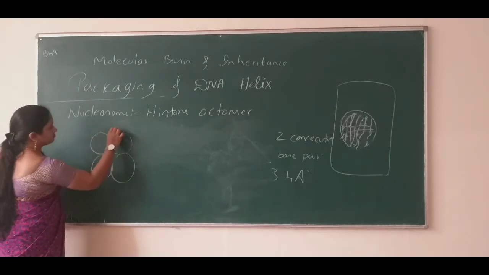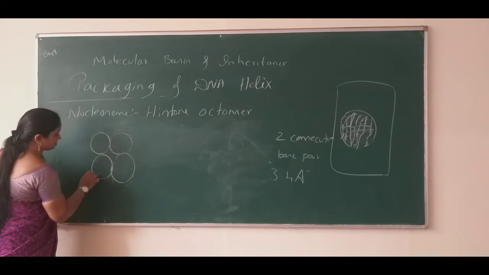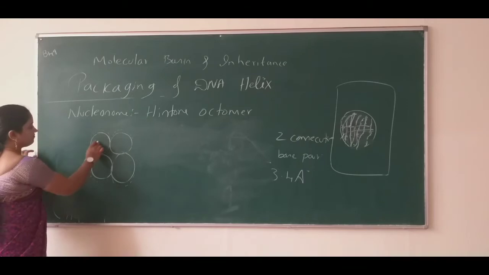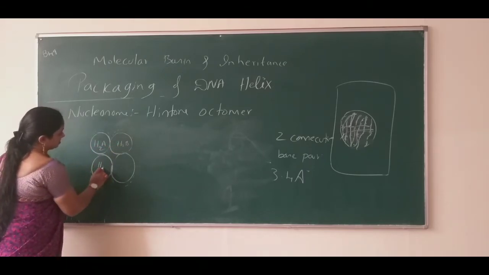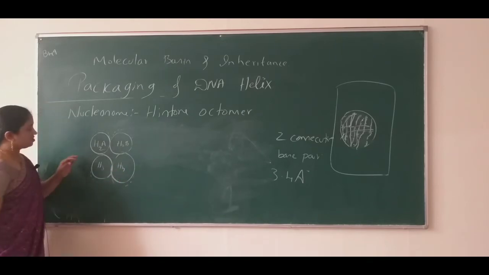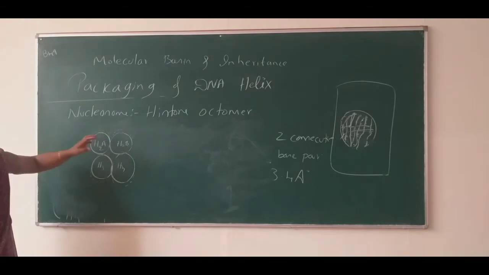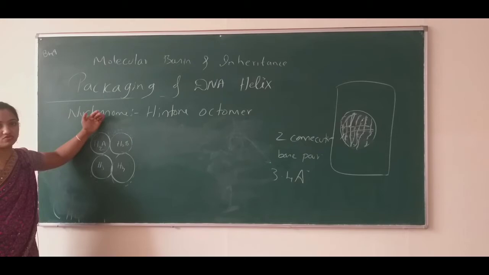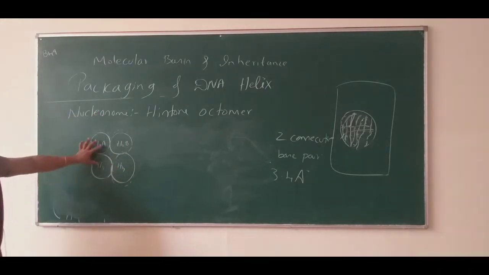Those will be beside this, beneath this, or behind this. 4 histones like H2A, H2B, H3 and H4. Every protein molecule has one more protein molecule of the same copy behind it. Alright, now this is all about the histone octamer.